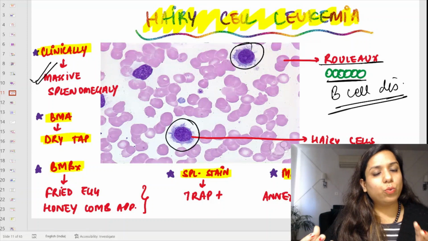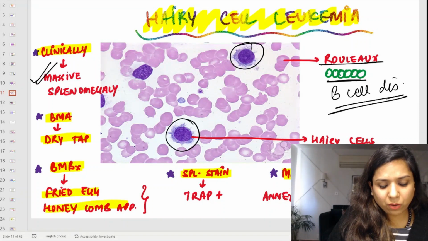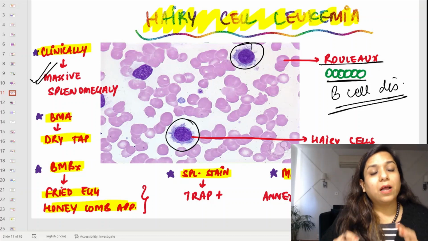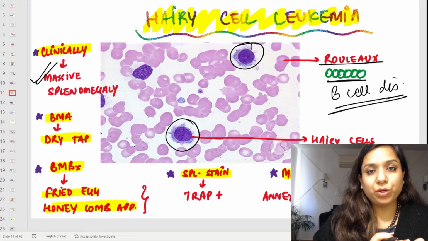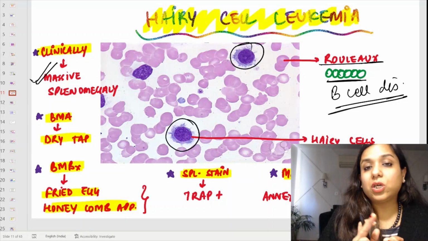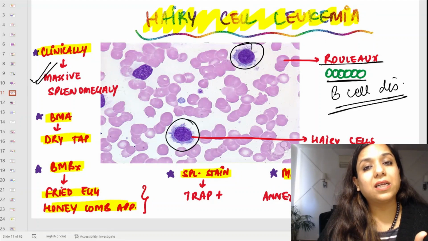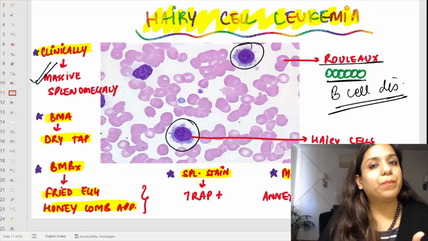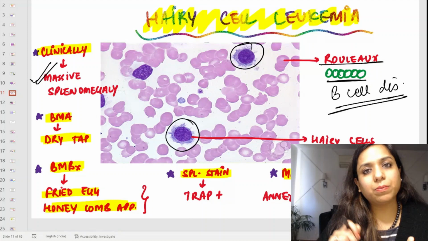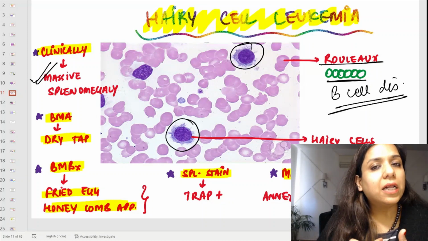And what I see when I do the bone marrow biopsy is a fried egg or honeycomb appearance. Here I will tell you a flashcard which you need to remember in pathology. The two important fried eggs in pathology are bone marrow biopsy of hairy cell leukemia and the CNS biopsy of oligodendroglioma, right? Brain tumor, oligodendroglioma, and the bone marrow biopsy of hairy cell leukemia.